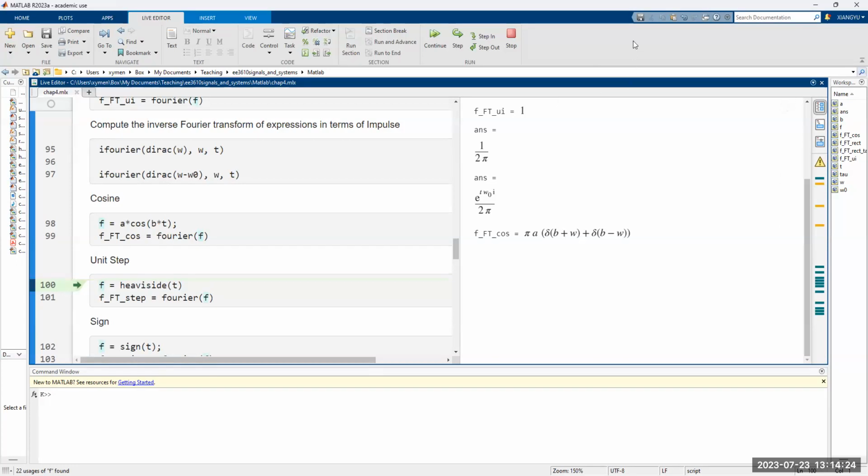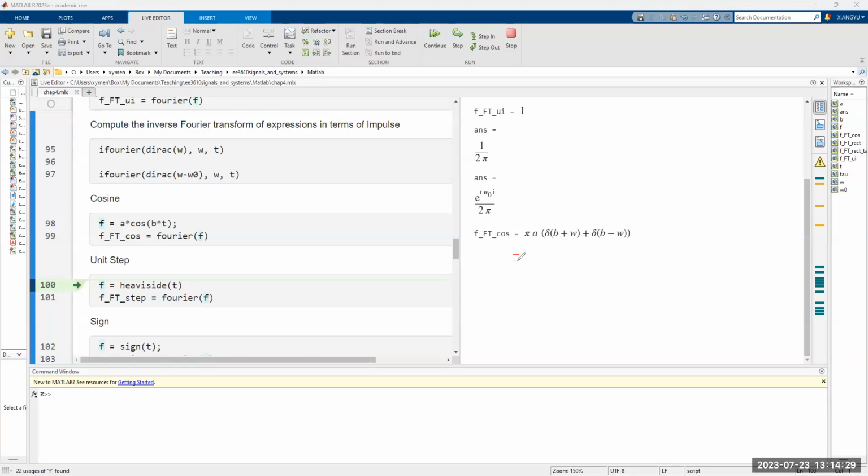It is also the same as the one we calculated in the slides, where a is 1. Then we have delta(omega plus b) plus, because the delta function is symmetric, delta(omega minus b).